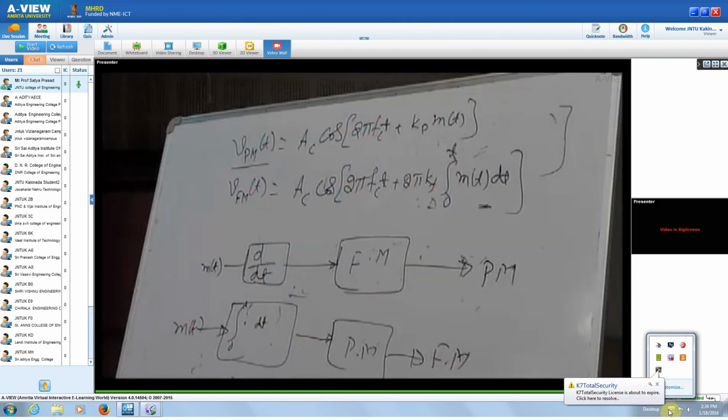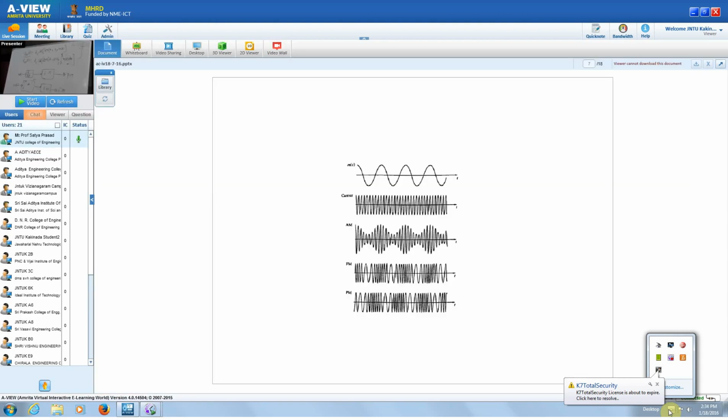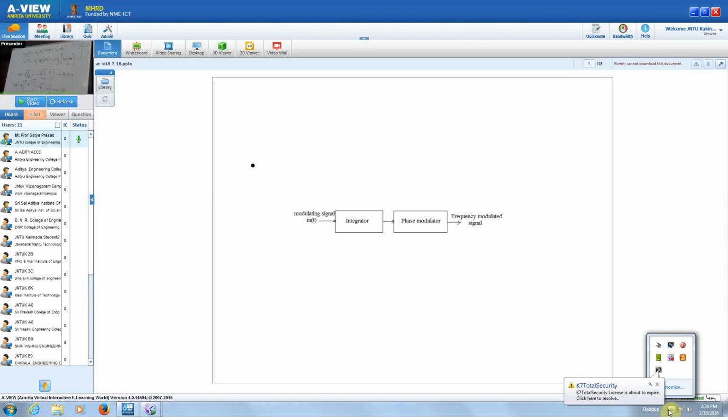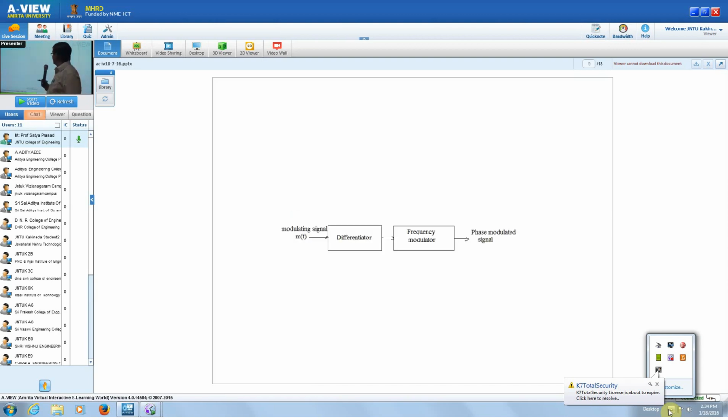So we are getting once again the required frequency modulated output. I think I have given the same things in the slides also. If we have an integrator and phase modulator, we get the frequency modulated output. If we have a differentiator and frequency modulator, we get a phase modulated output. This is the relation between frequency modulation and phase modulation.